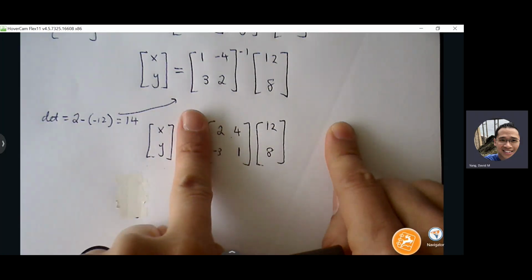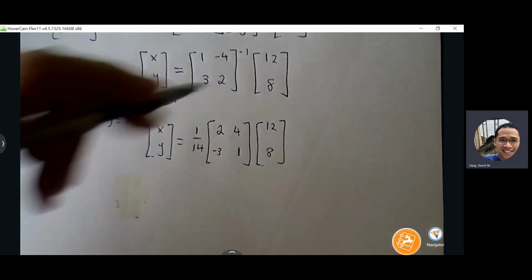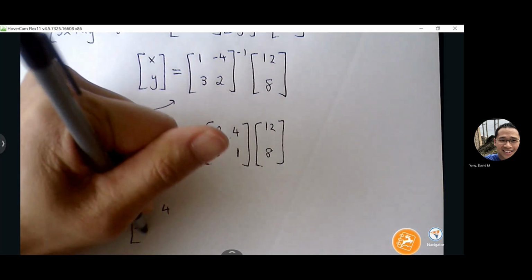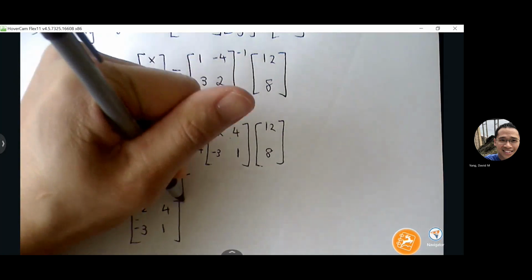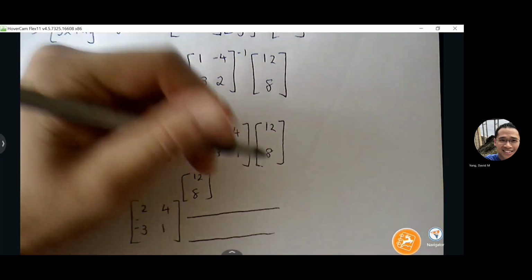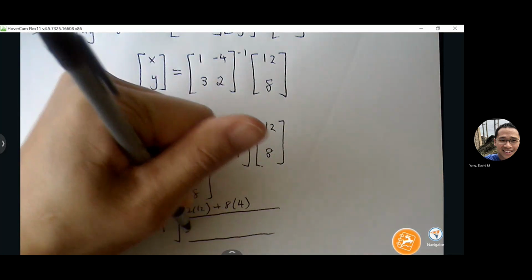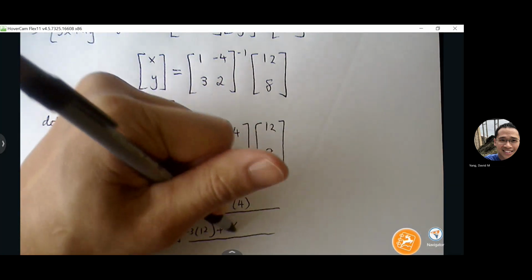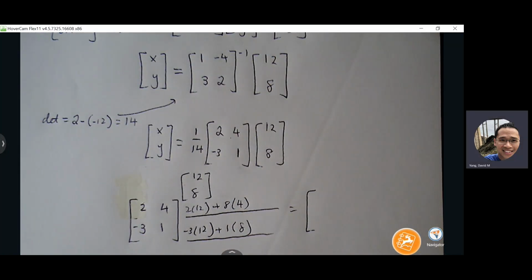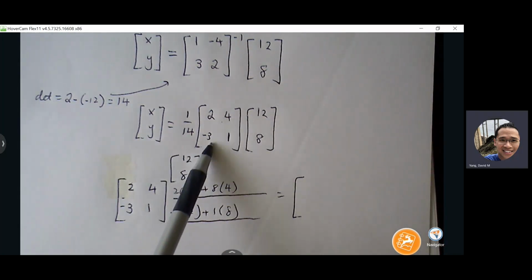Okay, I'll focus just my attention on this 2 by 2 and 2 by 1 matrix, and I'll save that 114 to the end. We want to multiply the matrix by the inverse version first.